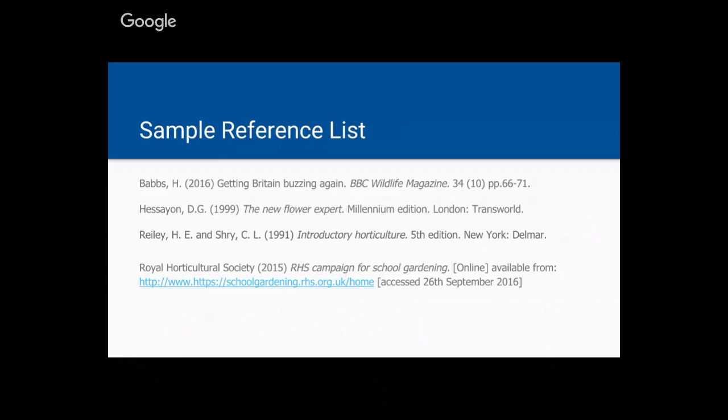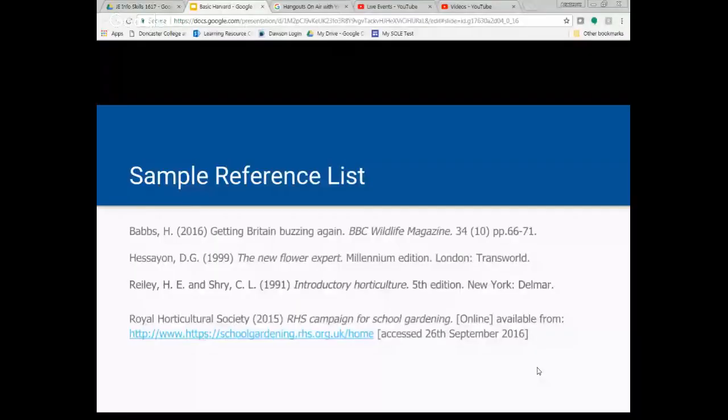So I hope this really quick introduction has helped. Like I said, there's a lot more information in the Harvard Guide. So I'll just try and show you where that is on the web page.